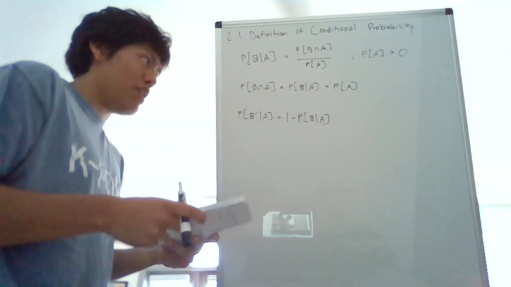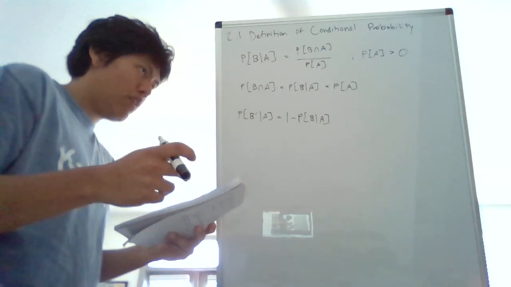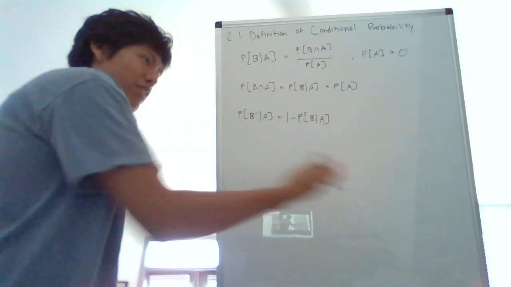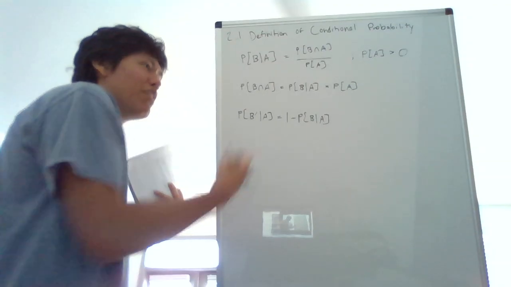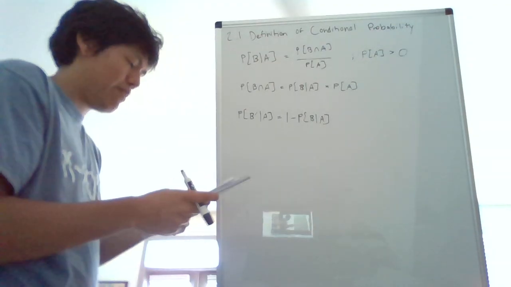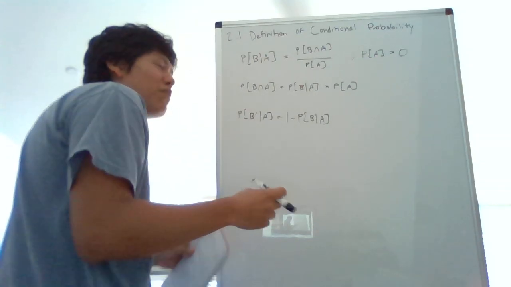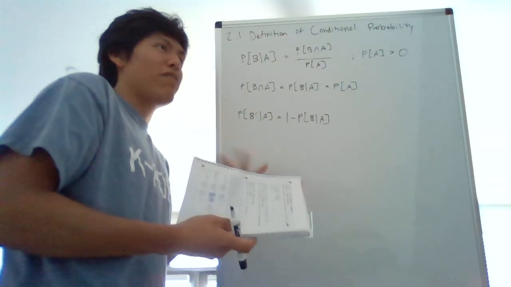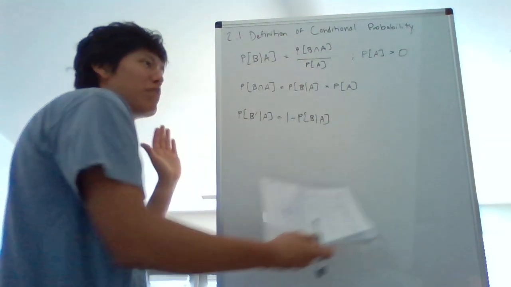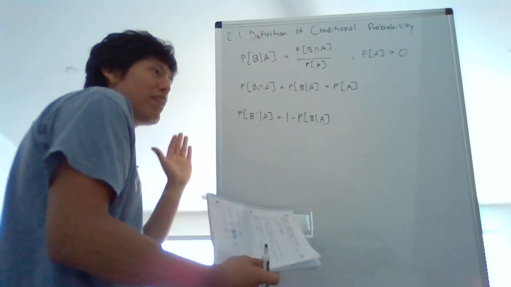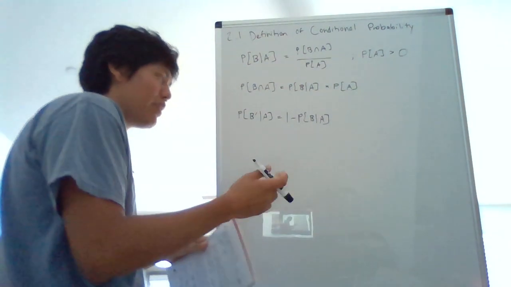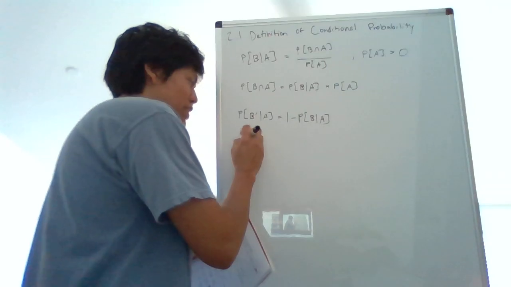There's also the very long one: what if we're given the union of two events? What do I mean by that? Well, remember the Venn diagram expression, the really long one where you add, then you subtract, and then you add at the end? That same rule applies here.